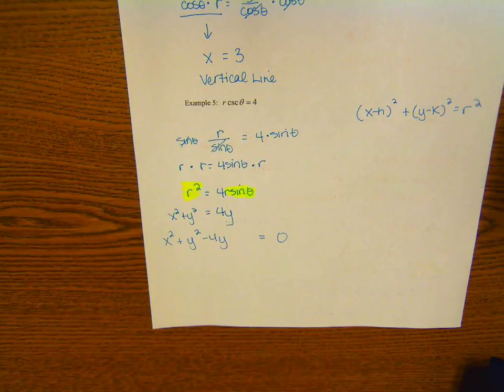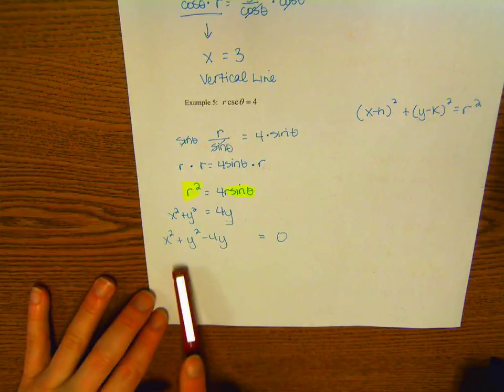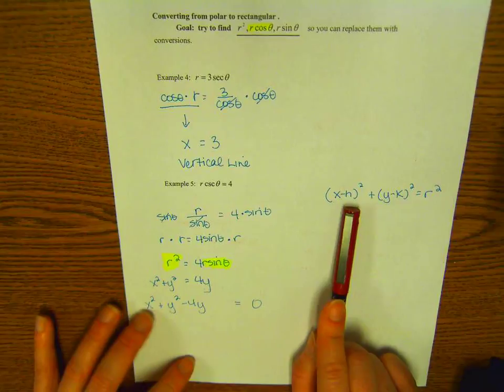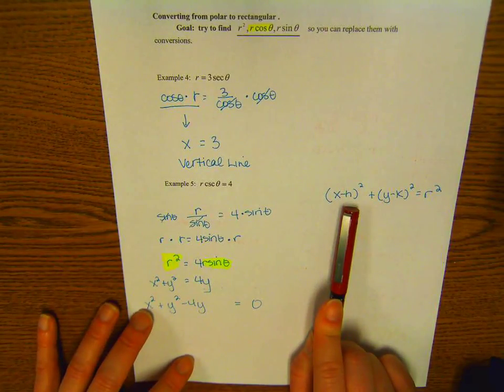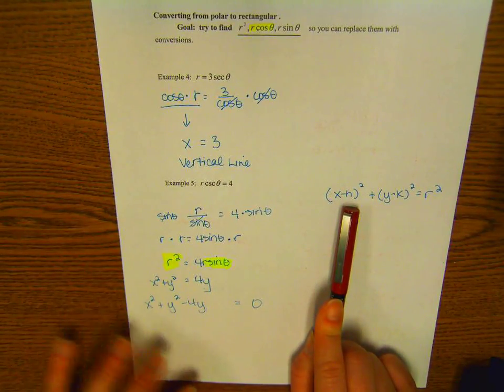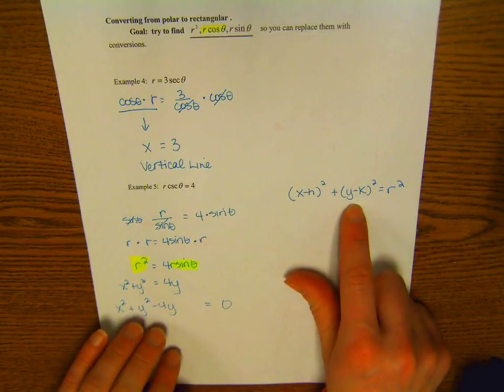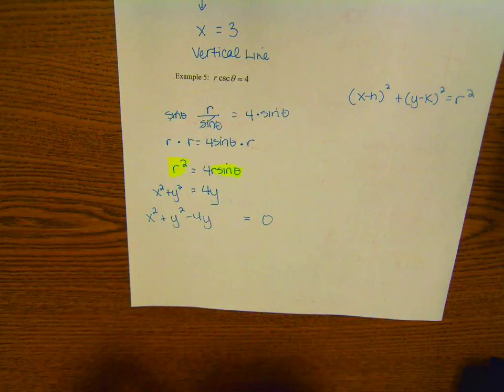Okay. There is no x term, so there's nothing. That means that h is just 0. So the x coordinate is centered at 0. There is a y term, so my goal is to write it in factored form. So we're going to complete the square to do that. Do you remember how to do completing the square?